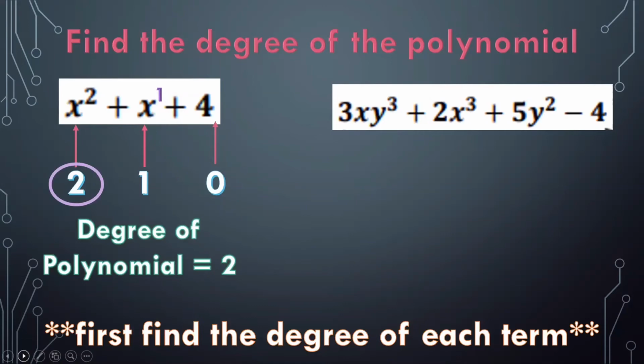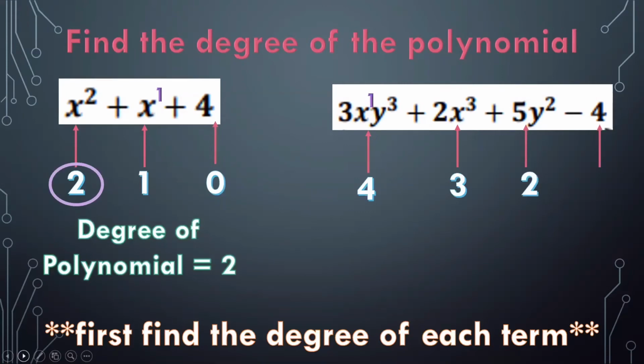Getting the hang of it? Okay, let's go look over at the next one. We look at this term. There are now 2 variables. My x, don't forget, it has a 1 on it. So we have to add 1 and 3. So the degree of that term is really 4. If I look at my next one, its degree is 3. Then I have a degree of 2.